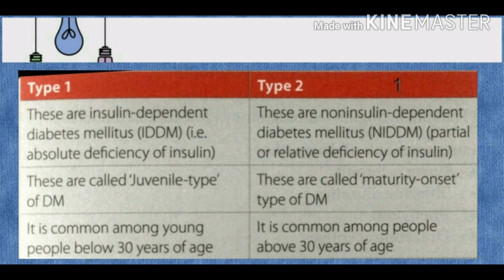Second point, type 1 is also known as juvenile onset, because it occurs below 30 years of age due to genetic causes. And type 2 diabetes is maturity onset, because it occurs above the age of 30, due to lifestyle changes or lifestyle modifications.